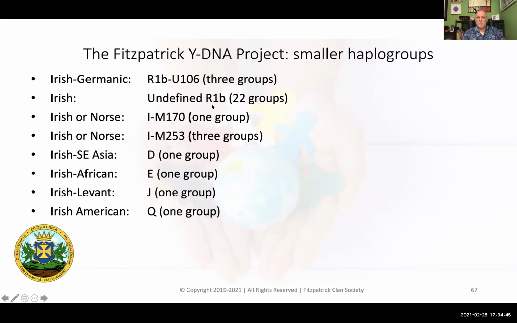We've got another few Irish groups. We have one guy from Japan. We have one African, we have one Levantine, and one indigenous American Fitzpatrick. So it just goes to show how truly diverse we are. And yet we were all Fitzpatricks. It's kind of cool.